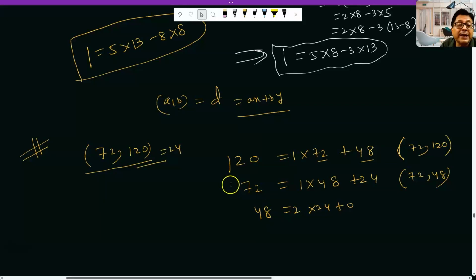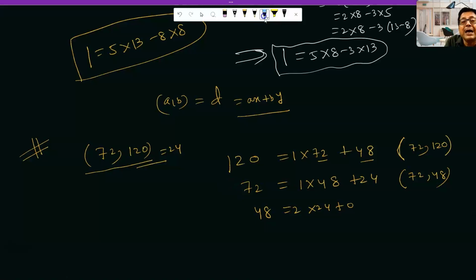Now we have to express 24 as LC, linear combination of 72 and 120 by Euclid's reverse algorithm. So you start from the second last step I told you earlier. 24 you write, 72 minus 1 into 48.